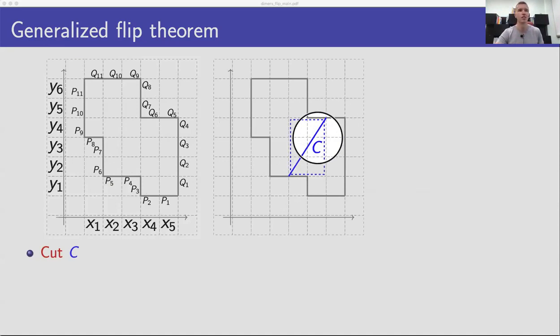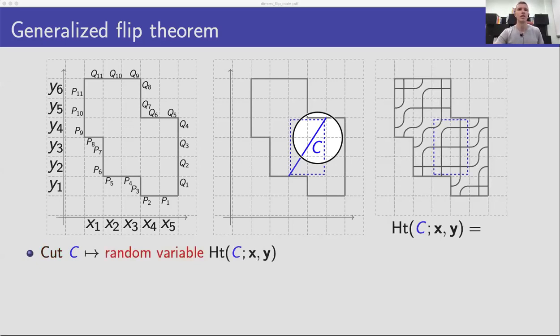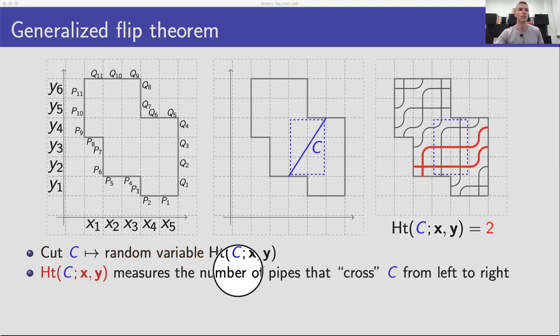So that's a cut. And every cut is going to give me a random variable, which is called the height function for some reason. And this random variable is going to associate an integer to every pipe dream. I give you a pipe dream, and then the way you compute the value of this random variable is you count the number of pipes which cross my cut from left to right.